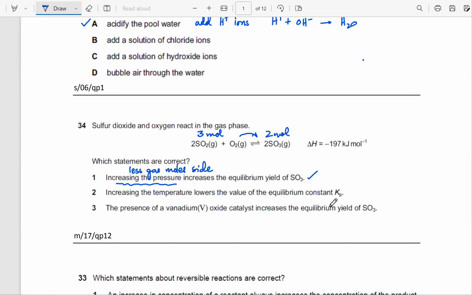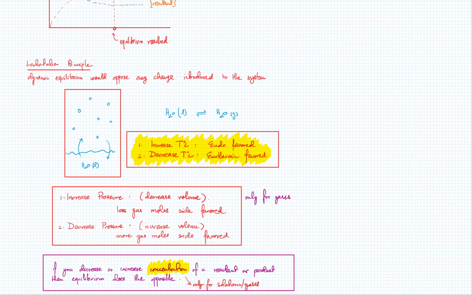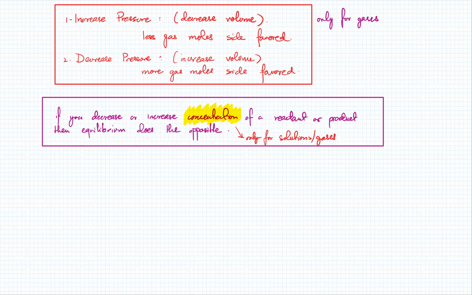As for Kp, we haven't started it yet. We'll quickly do that in the next classes. Catalyst: what does a catalyst do to the equilibrium position? I'll add this as well. What does a catalyst do? It does absolutely nothing. Remember this. A catalyst speeds up both the forward and backward reaction.